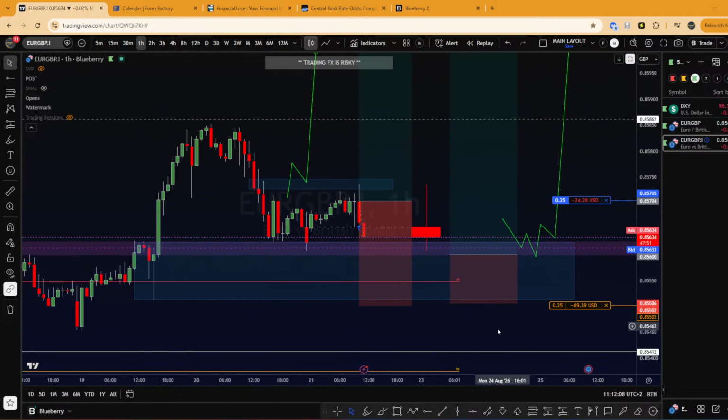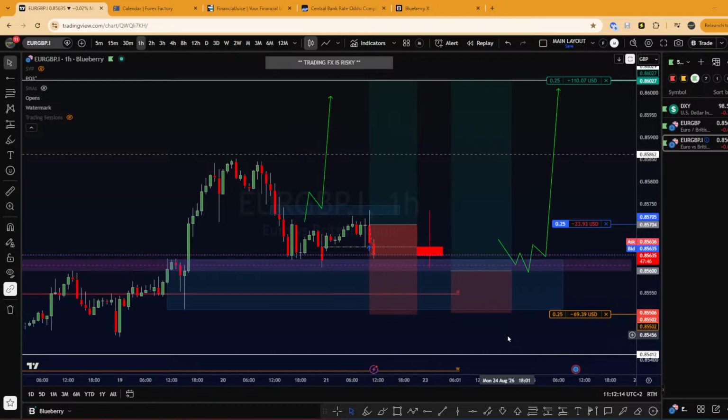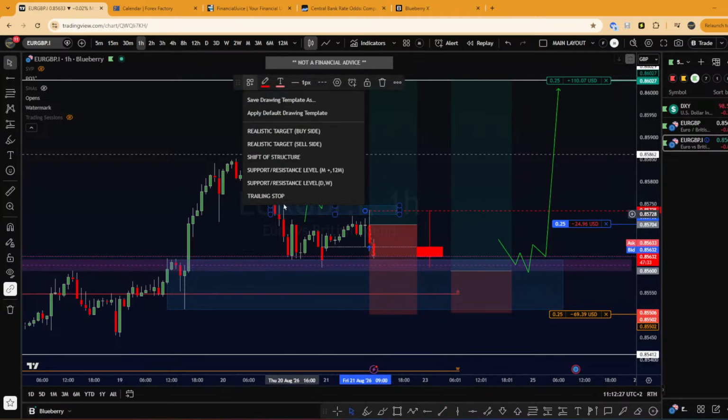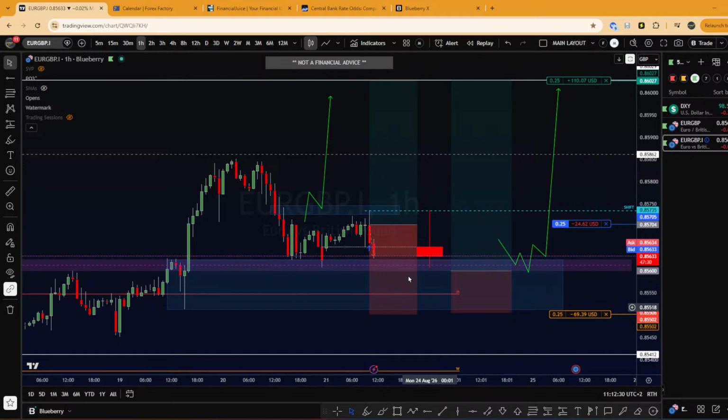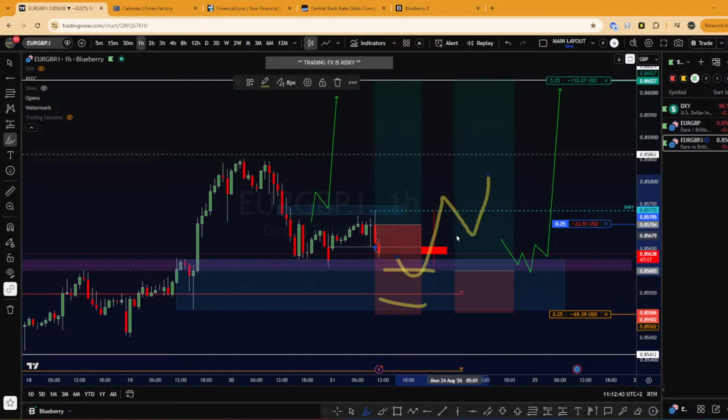So let's see, we are approaching this level. Very interesting. If we shift above this, I will buy again. This will mean that this demand held perfectly, and then buyers will step in.